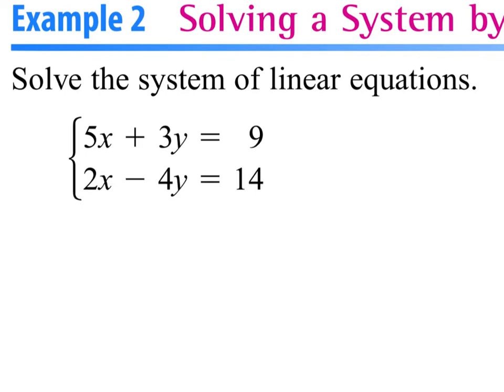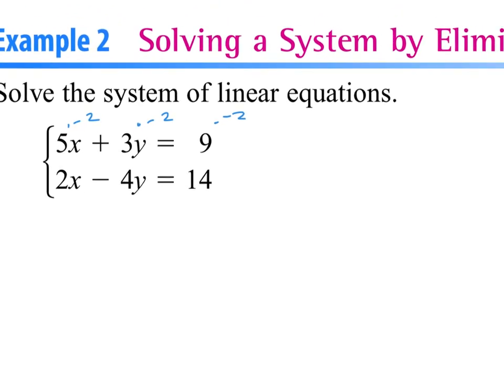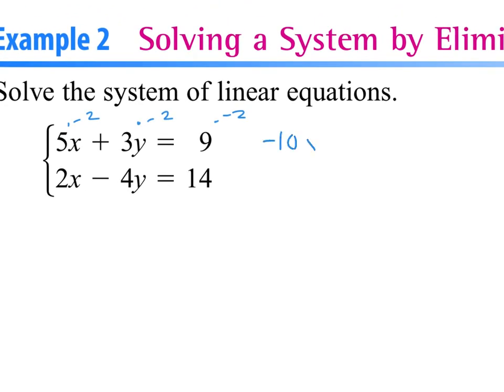Do you want to cancel out the x's or the y's? Just pick one. Let's cancel out the x's. So what do we need to multiply by our first equation? Negative 2. So multiply by negative 2. Times negative 2 and times negative 2. So our new first equation becomes negative 10x minus 6y is equal to negative 18.